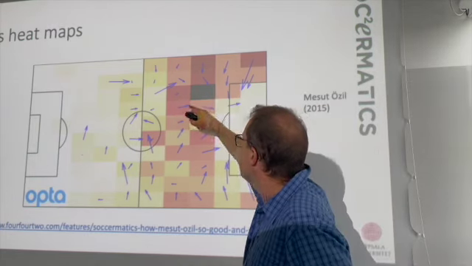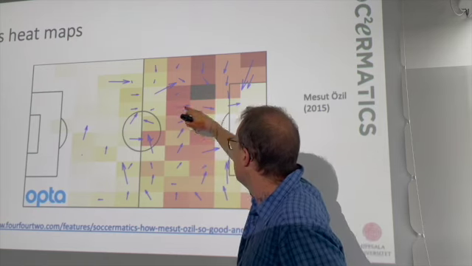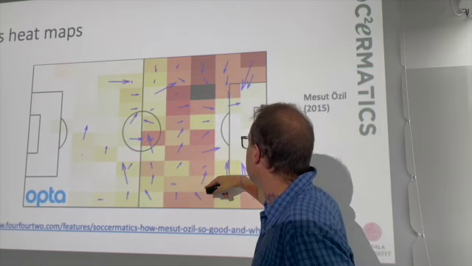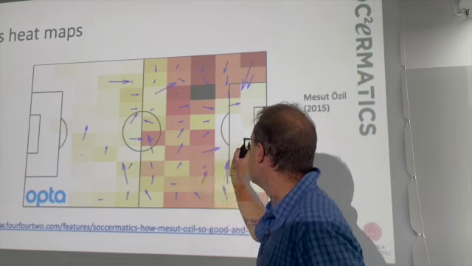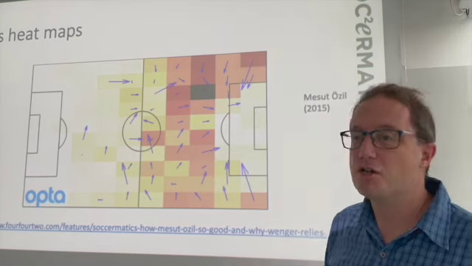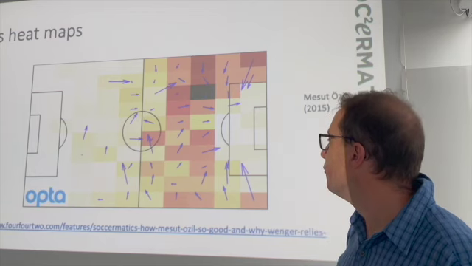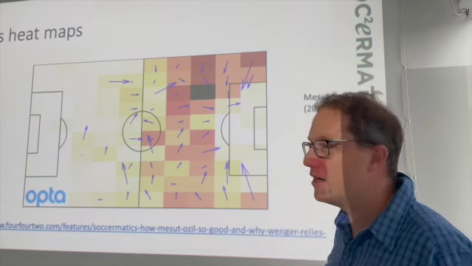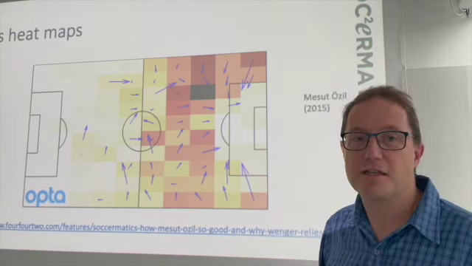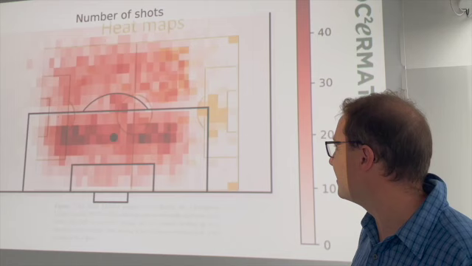When you looked at his heat map of where he was passing the ball, it was all over this area in front of the goal, and the arrows show the ball was on average always going forward. So he was always progressing the ball forward whenever he managed to get it, and the statistics showed that he was a fantastic player. And I'm sure he still is a fantastic player.